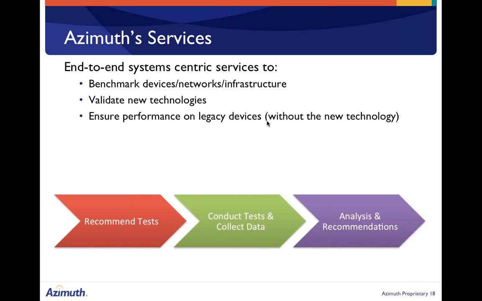So the services that we're talking about here are services to benchmark devices, network, or infrastructure, or validate new technologies. For example, you're rolling out VoLTE, you're rolling out carrier aggregation, CSFB. We've been engaged with a couple of operators in the US as well as in other parts of the world in rolling out new networks, new technologies.